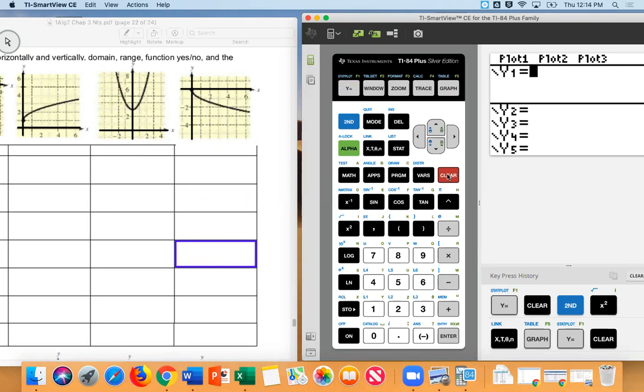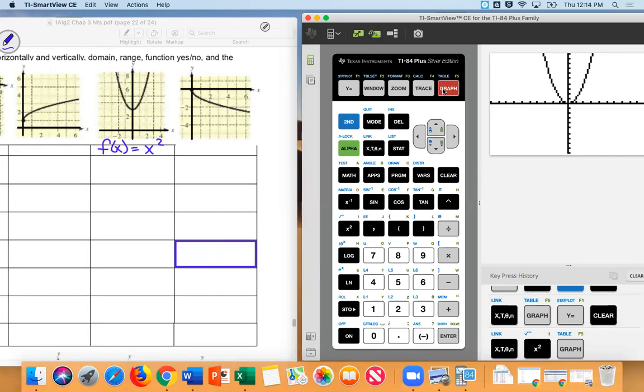Which one does that one up there look like? Is that the squaring function? The square function. Very good. So my parent function is f of x equals x squared.